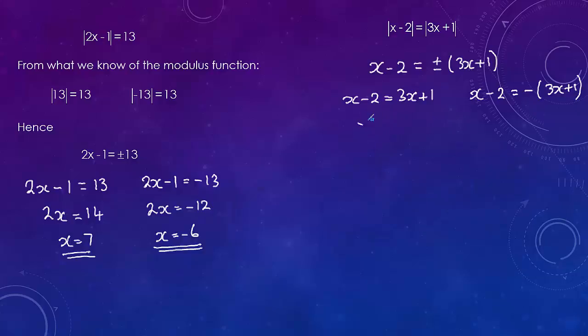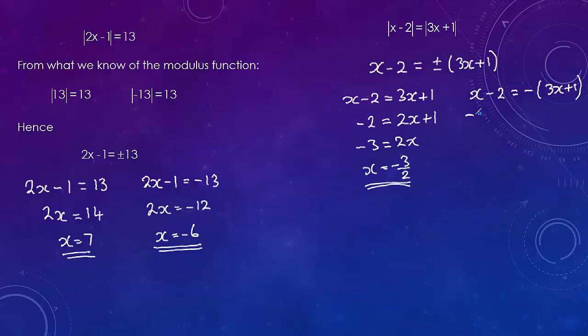So here, -2 would be equal to 2x + 1. I've taken x from each side of this equation. Now if I take 1 from each side, so -3 is equal to 2x, and so x is equal to -3/2.